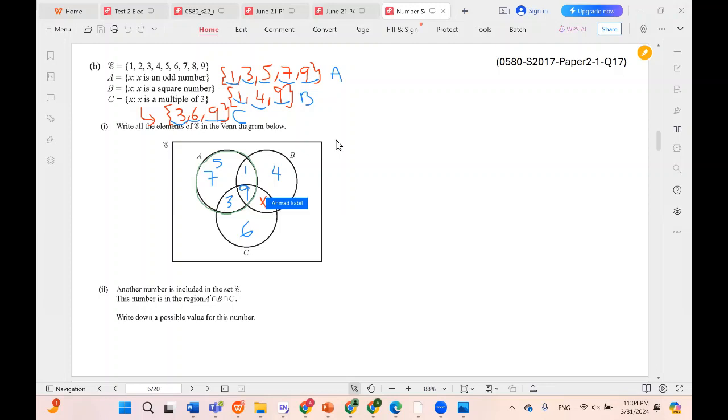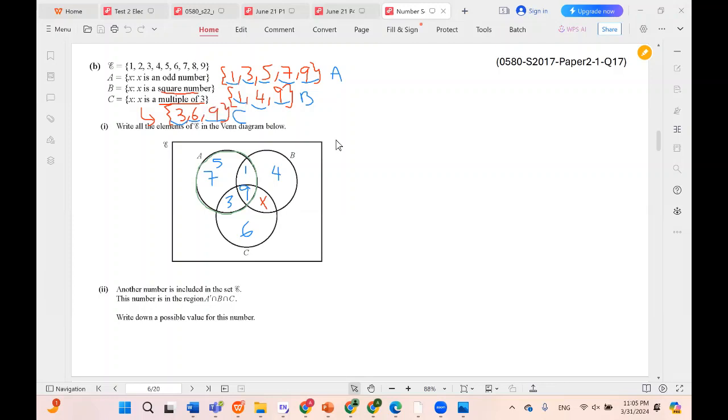So it cannot be an odd number. So we are looking for a number that is a multiple of 3 and also a square number. And we want to find a possible value for this number because it has to be part of B, which means it has to be a square number, and it has to be part of C, which means it has to be a multiple of 3.